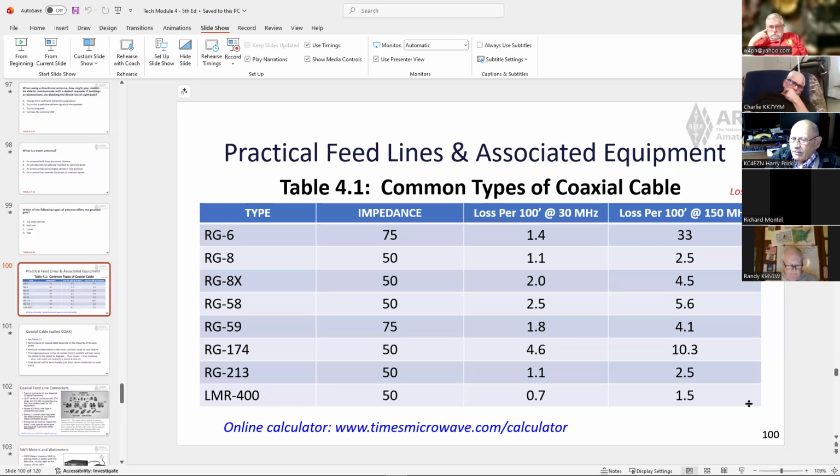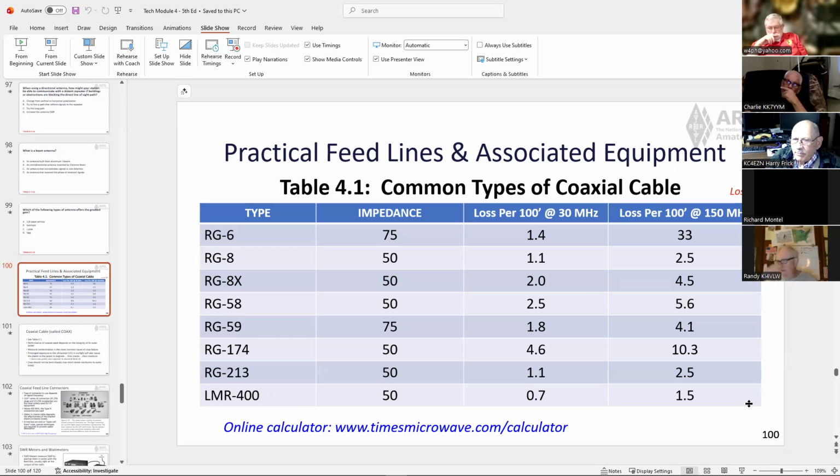I ran what Rick was saying. I had RG8X going up to my 2 meter antenna for probably 10 years. With RG8X in a 100-foot run, you're going to lose half of your power. However, when I throw 50 watts out of the radio and 25 makes it to the antenna, it's going to get that 3 miles to the repeater antenna with no problem.